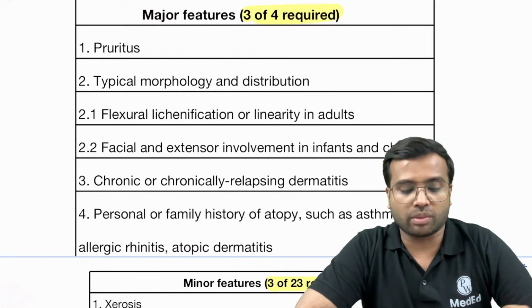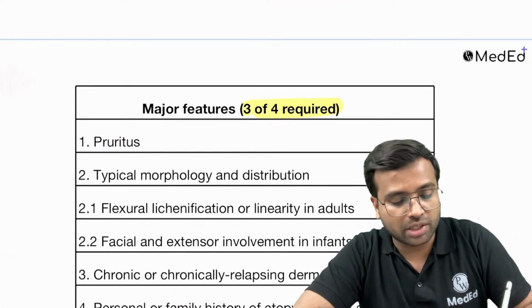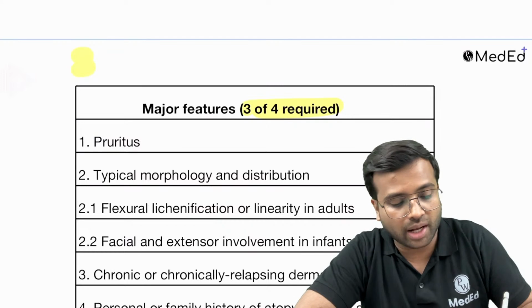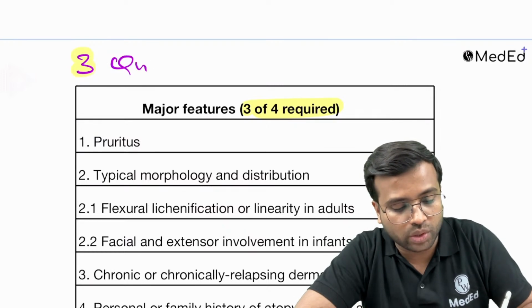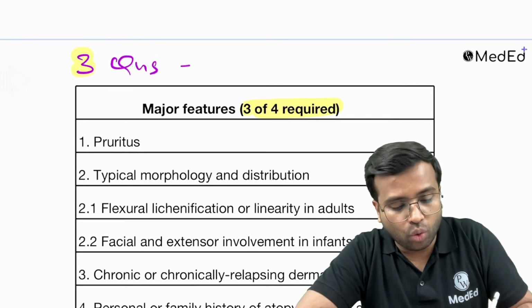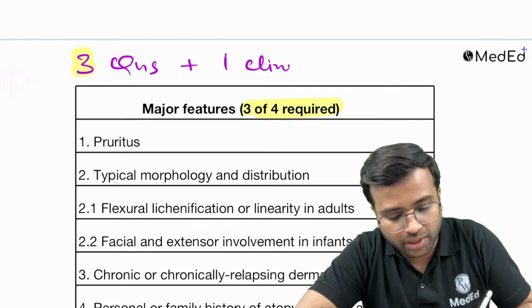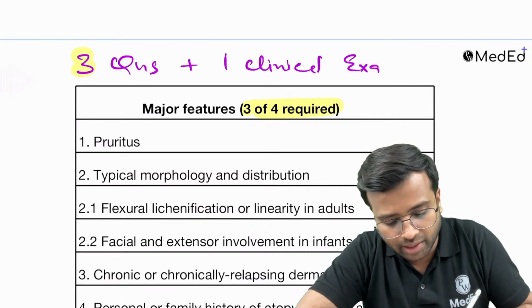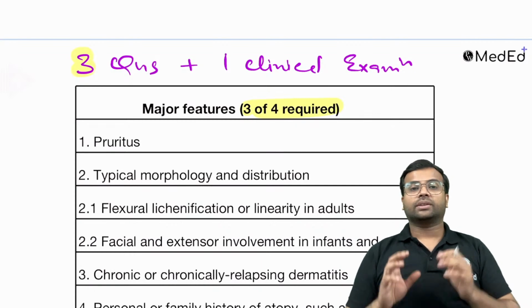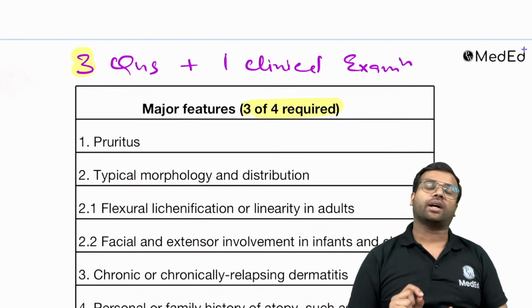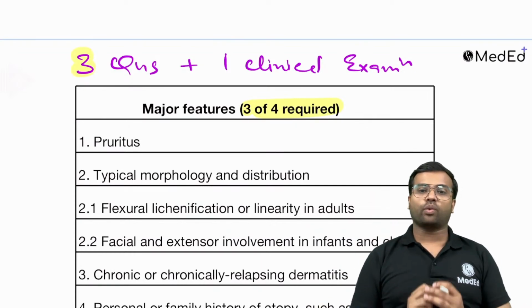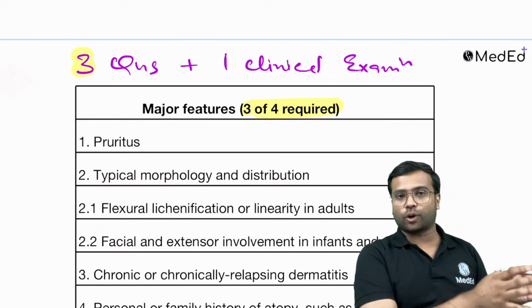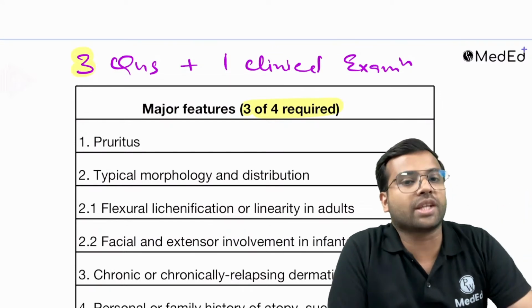The easiest way is to ask the patient 3 questions and do one clinical examination. That is how you can remember the major criteria. Now, what are the 3 questions that you would ask any patient who comes to your OPD?